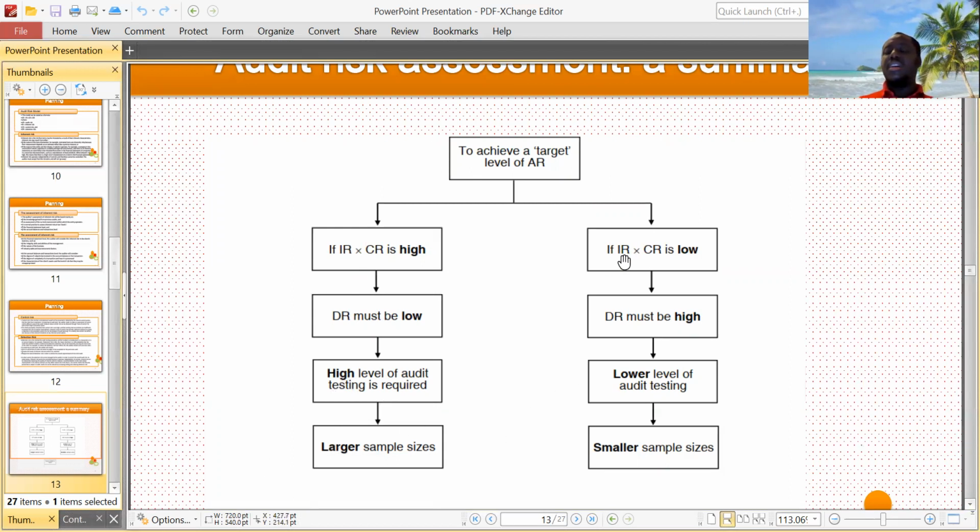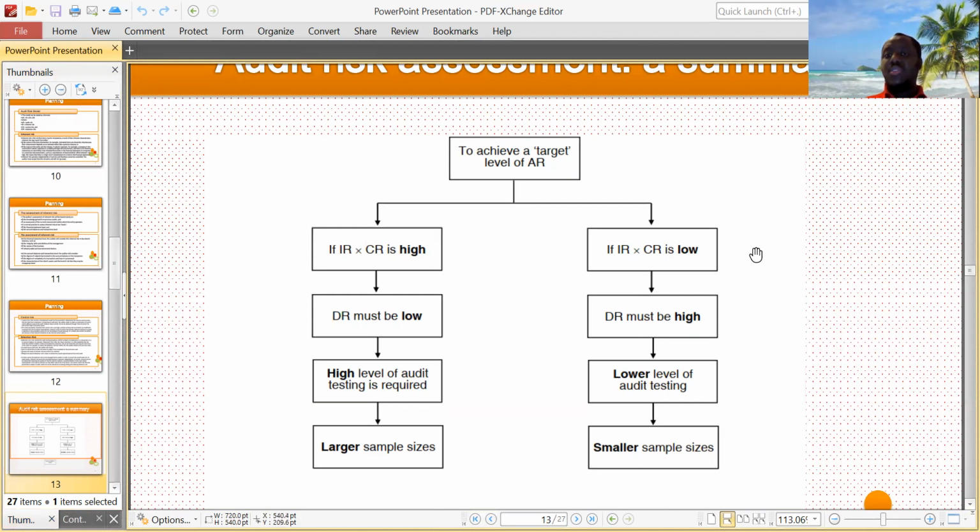If your inherent risk and control risk are low, then you don't need to do a lot of testing. Then your detection risk can be high, and you focus on smaller sample sizes. So you see the relationship.